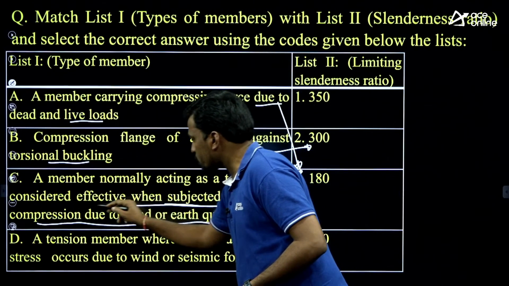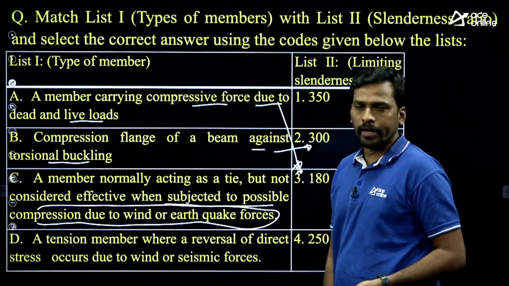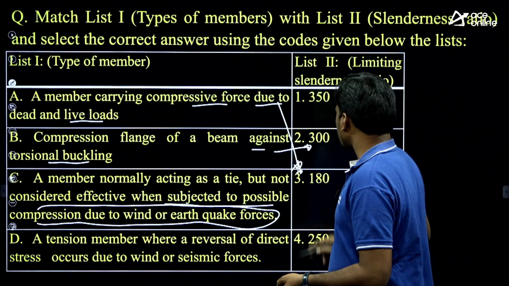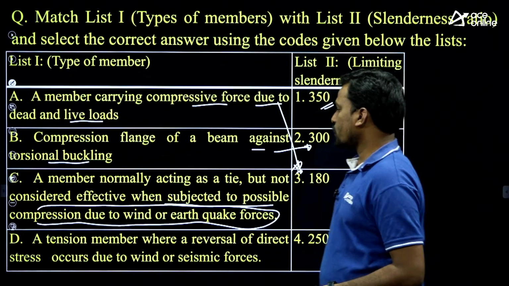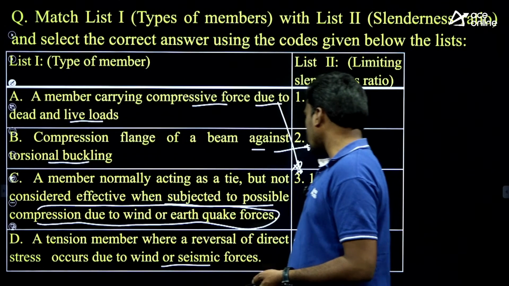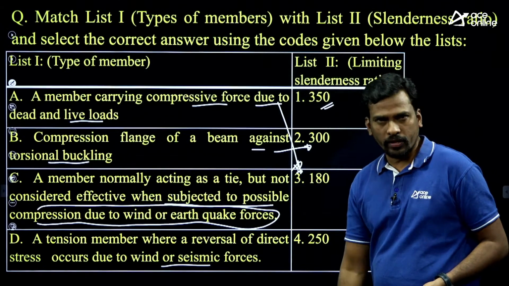Just remember this is a key point. For that it is 350. Then next, a tension member due to wind or earthquake load, it is 250.